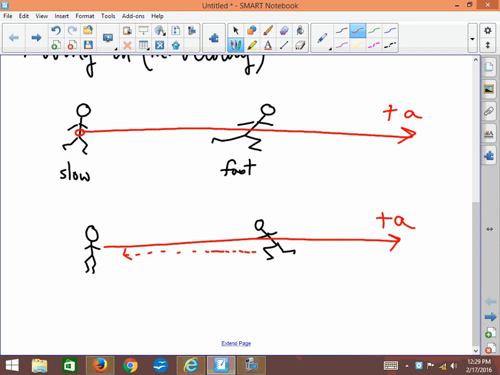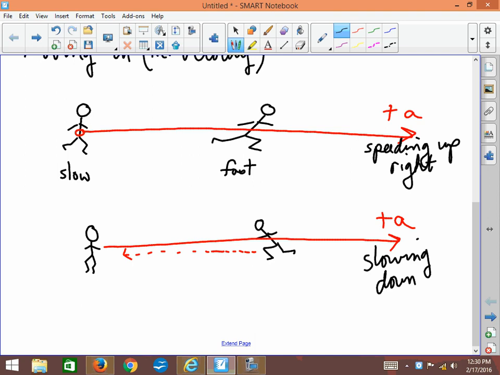And if we drew another picture in just the opposite way, we don't have to draw the pictures, but I think you can see that if we pull the strings the other way, so positive acceleration here is causing speeding up right. But it's also causing slowing down left. So it causes what appears to be two different things, but is really the same acceleration rate.